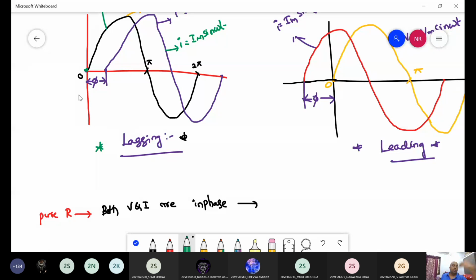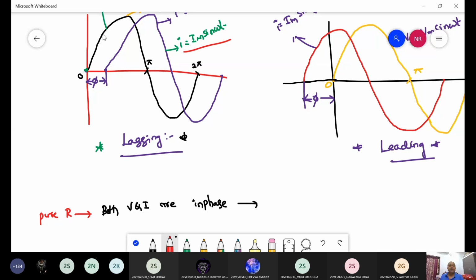But at the next advanced stage, if I am considering current as a reference, then here the voltage is started before the current.